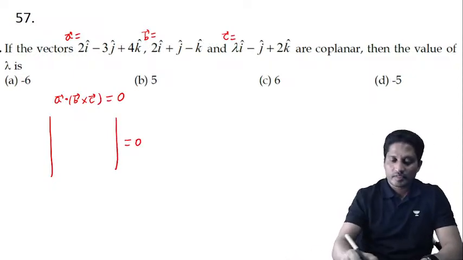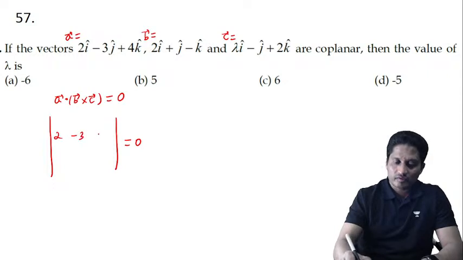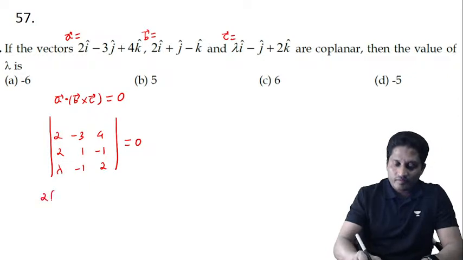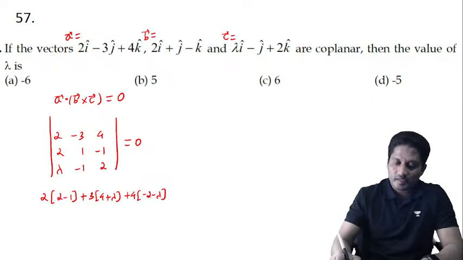First row will be 2, minus 3 and 4. Second row is 2, 1 and minus 1. Last row is components of C, which are lambda, minus 1 and 2. 2 into delete first row first column, you get 2 minus 1, plus 3 delete first row second column, you get 4 plus lambda, plus 4 delete first row last column, you get minus 2 minus lambda is equal to 0.